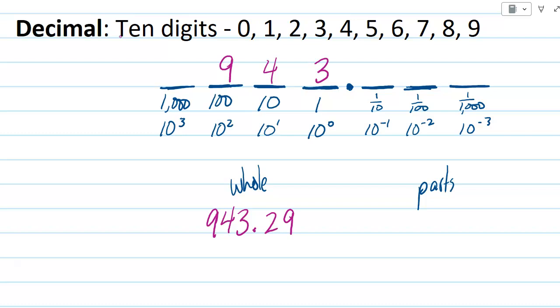Okay, the 0.29 ends in the second decimal place. It ends in the hundredths place. So that's the same thing as saying 29 hundredths. There's 29 hundredths left over.